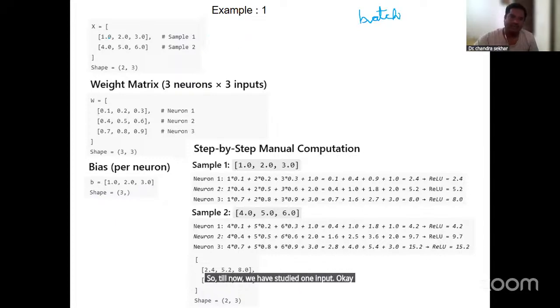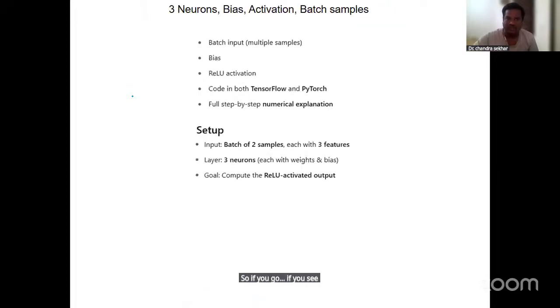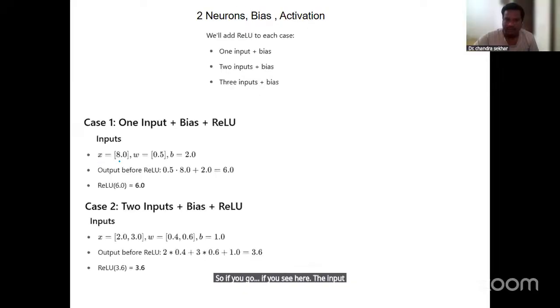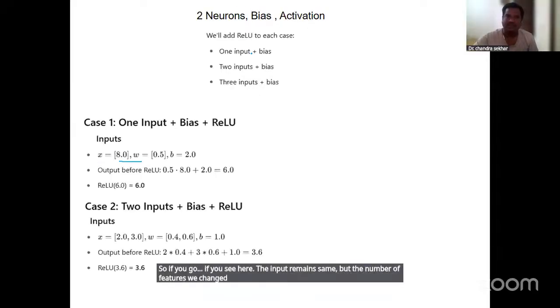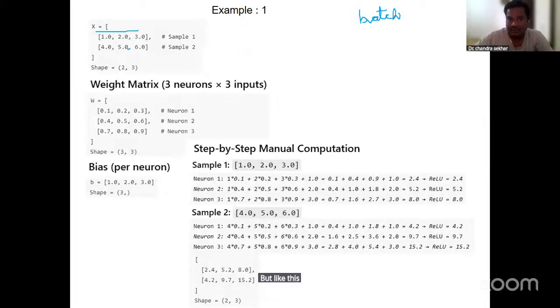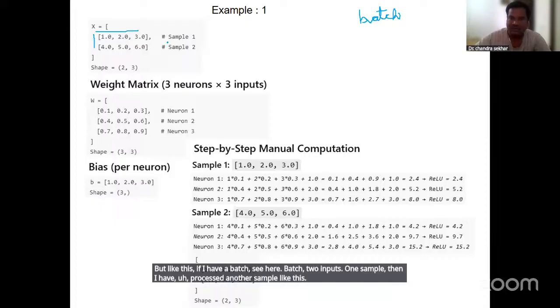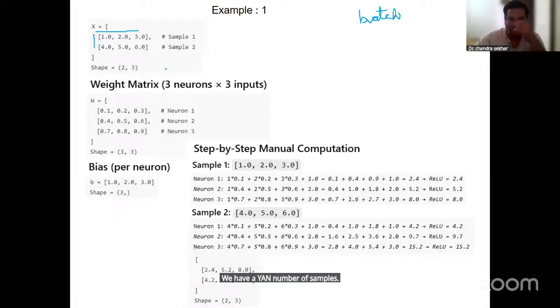We changed the features: the input remains same, but the number of features we changed, one feature, two features, etc. But if I have a batch, here two inputs, one sample, then I have to process another sample. Like this, we have n number of samples. So what is the shape here? 2 rows, and we have 3 columns. This is sample 1, this is sample 2.